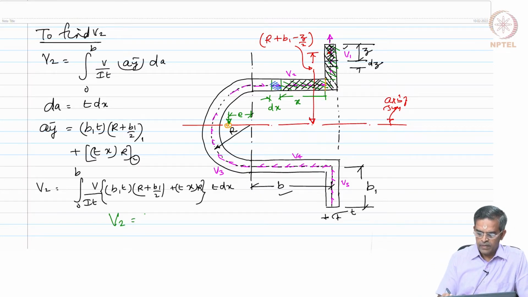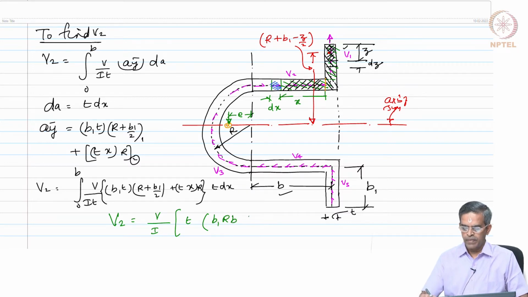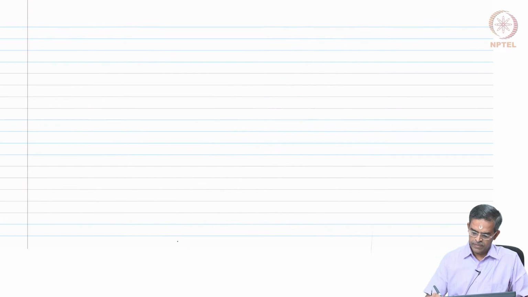Please check, we will get V2 as V by I T times of B1 RB plus B1 square B by 2 plus b square r by 2. We can simplify this.